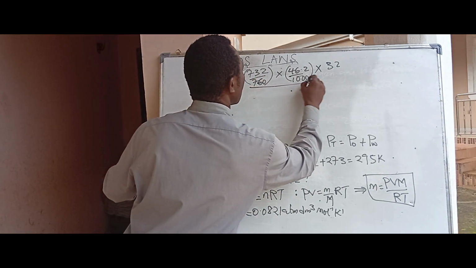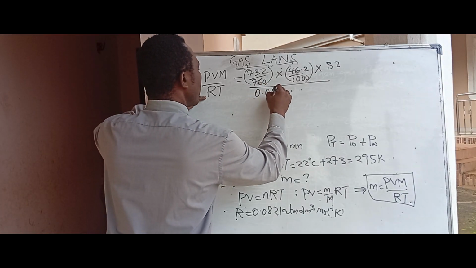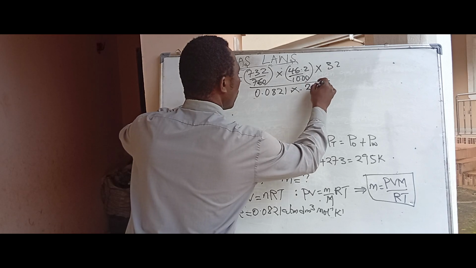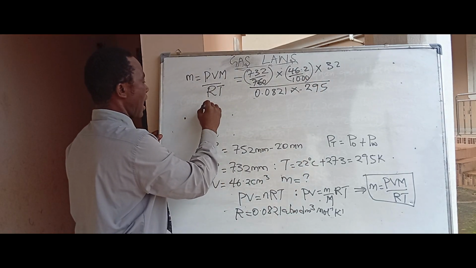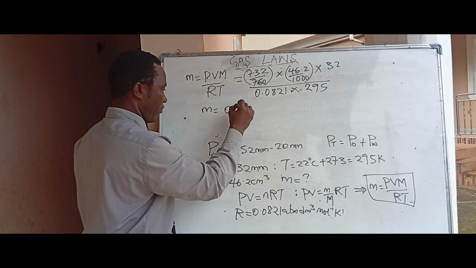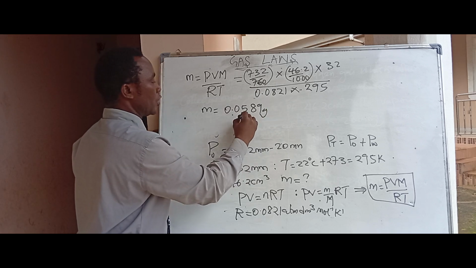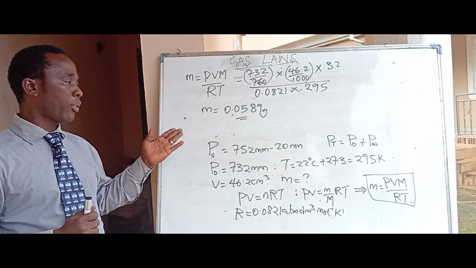Then we divide by the molar gas constant, 0.0821, multiplied by the temperature, which is 295 Kelvin. So when we multiply out, our mass will become 0.0589 gram. Please use your calculator to ensure that I did not make a mistake when I am punching.